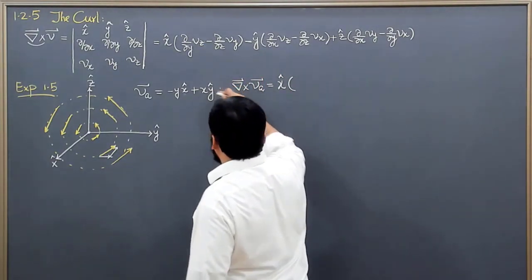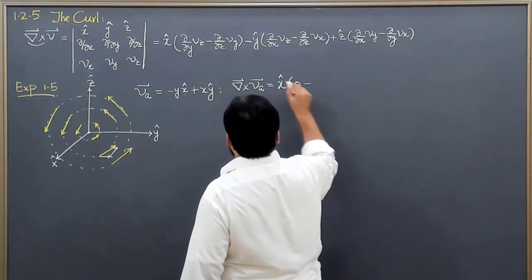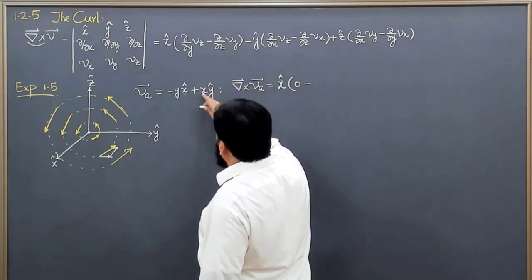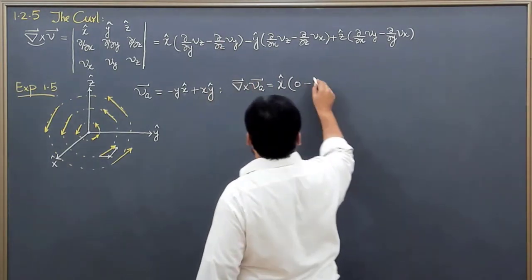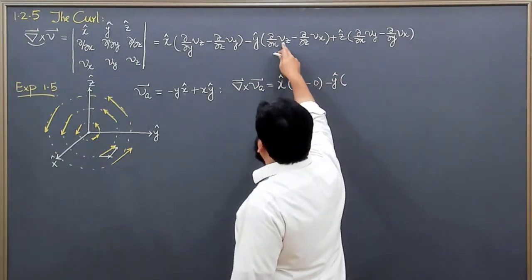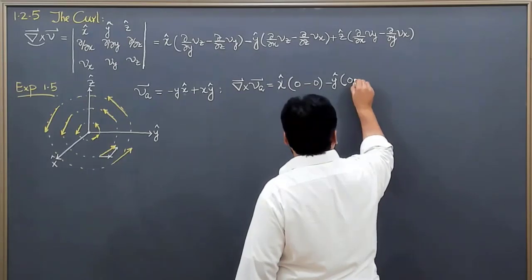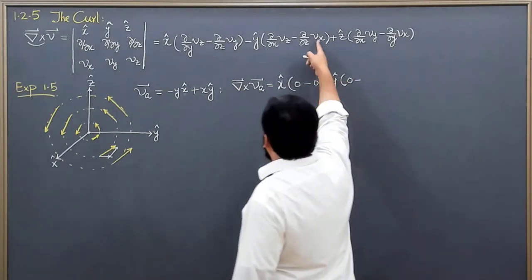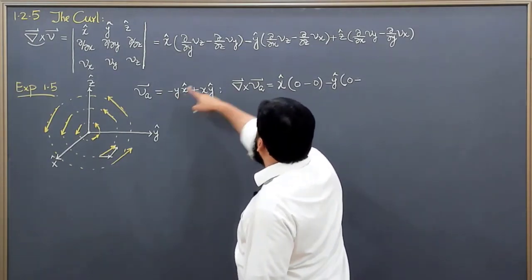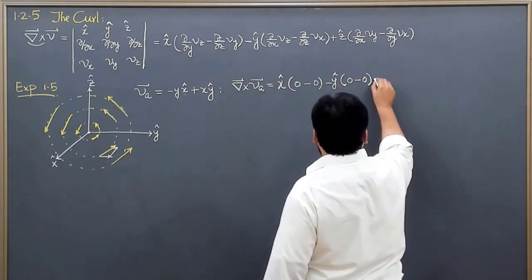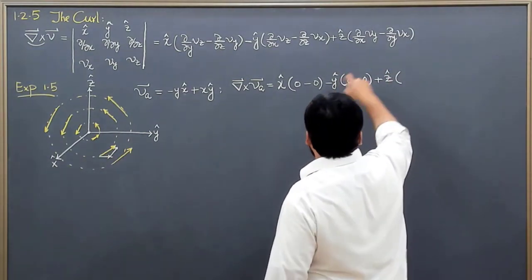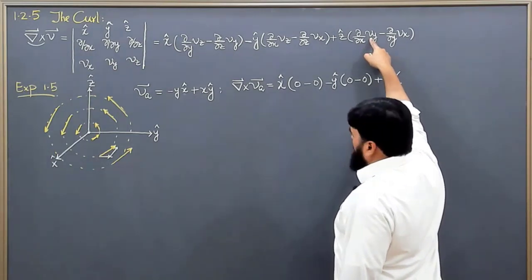So it doesn't have a z component, so we are having 0 here, minus the Vy component, and the Vy component is equal to x, and its derivative with respect to z will give 0, minus we are having the y component, and then the z component, it is not here with us, we are having a two-dimensional vector, then minus, and then the Vx component, the minus y is the Vx component, and it is with respect to z, so this will also give 0 here, plus z axis, and then the z component, we are having the Vy component derivative with respect to x.